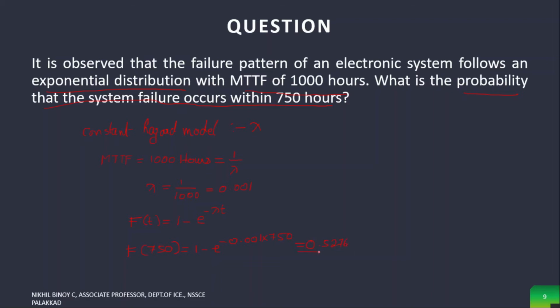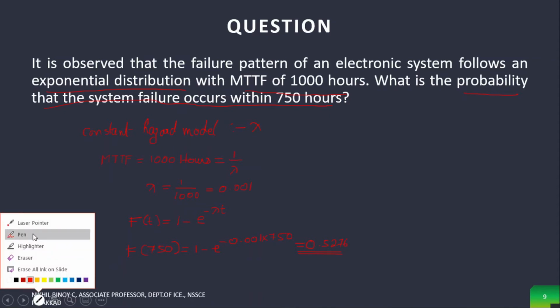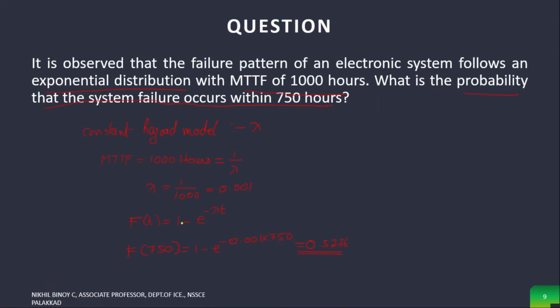The probability of failure is 0.5276. Please note it is following the reliability. Actual reliability R of t is equal to e raised to minus lambda t.